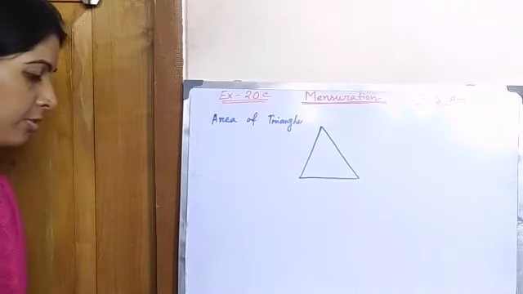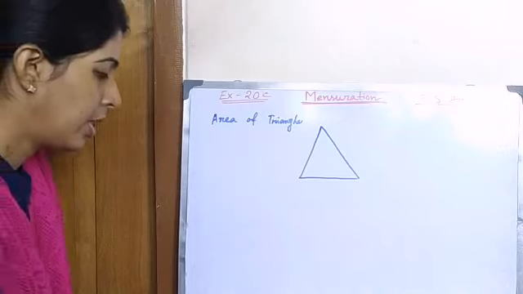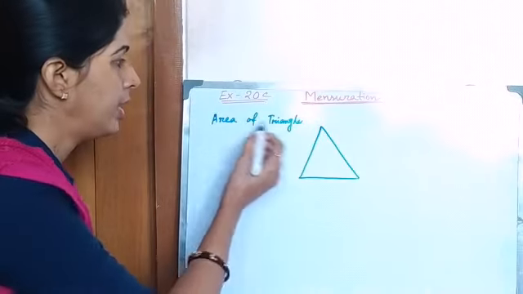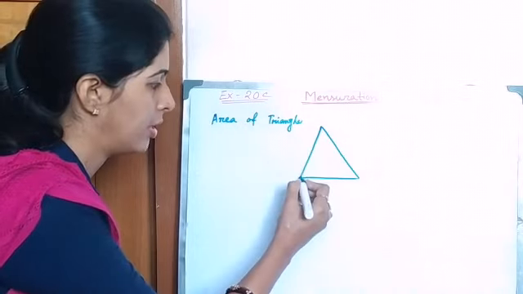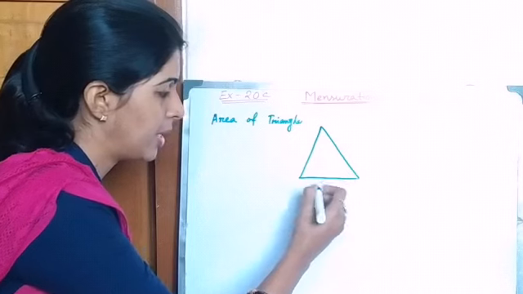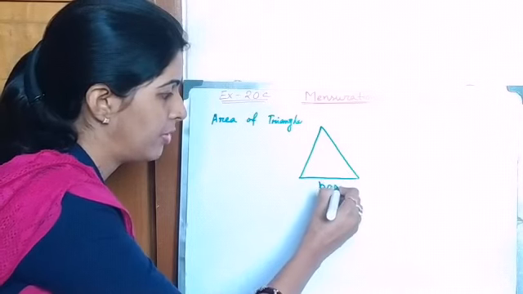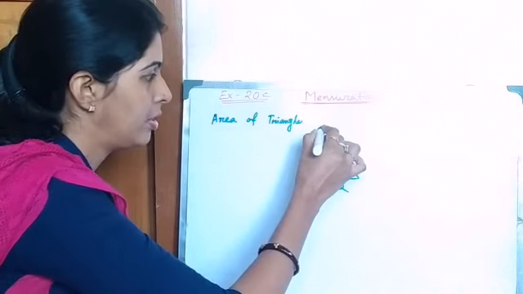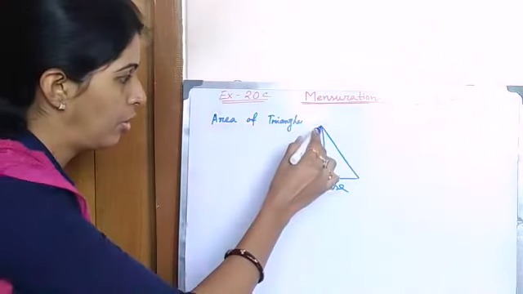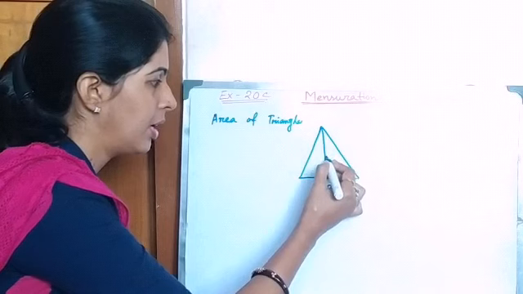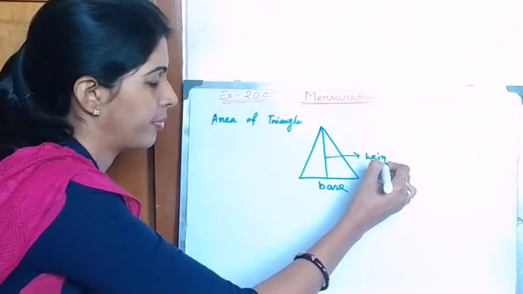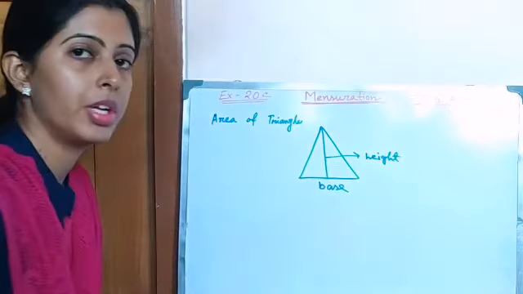First, I will discuss the area of a triangle. This is the ground, that means the sleeping line, so this is the base of the triangle, and the distance from the top to the ground is the height of the triangle.